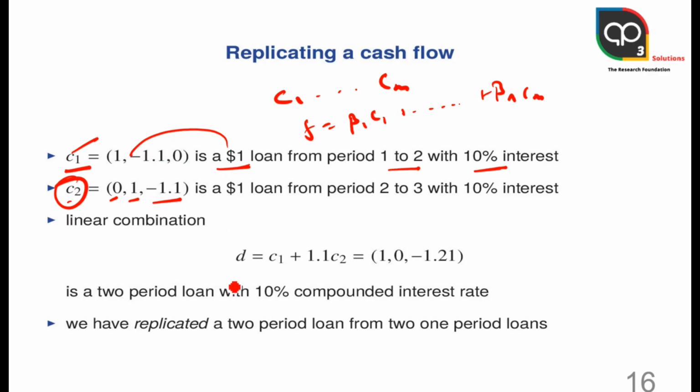So the linear combination here is represented as D, which is equal to C1 plus 1.1 C2. Where here it would be represented as a 2 period loan of $1 in period 1 with compound 10% of interest. And here we have the replication, a 2 period loan from 2 one period loans.